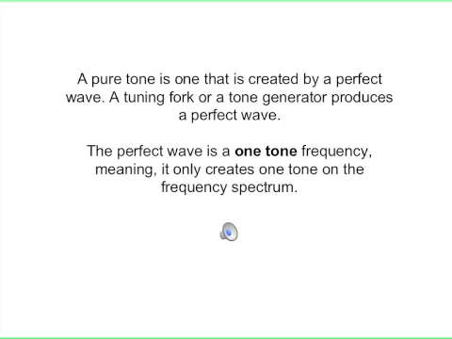So a tuning fork or a tone generator produces a perfect wave. The perfect wave is a one-tone frequency. It only creates one tone on the frequency spectrum. So let's just review again what a sine wave sounds like. That's a pure tone. That's what a tuning fork would generate as well. There are no overtones, there are no harmonics, there's just this one pure tone.